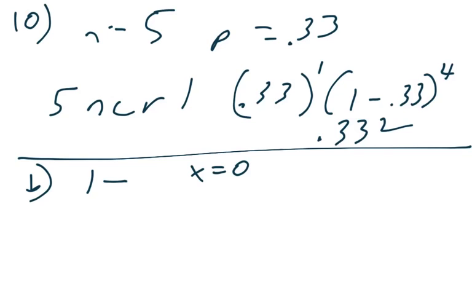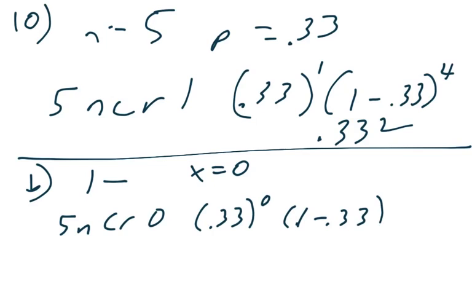So 5 NCR 0, 0.33 to the 0, 1 minus 0.33 to the 5th, and so we wind up with 1 minus 0.135. 1 minus 0.135 is 0.865.